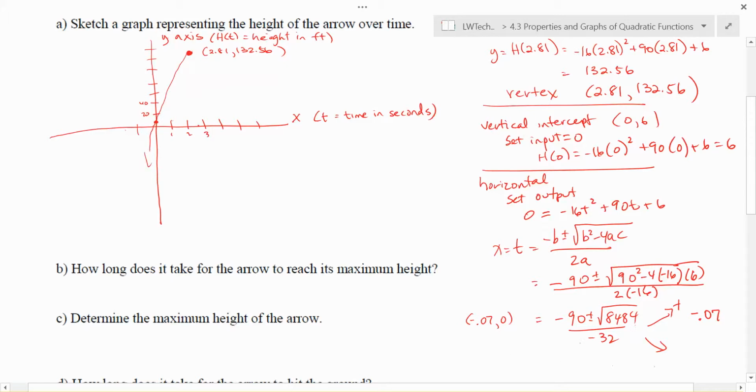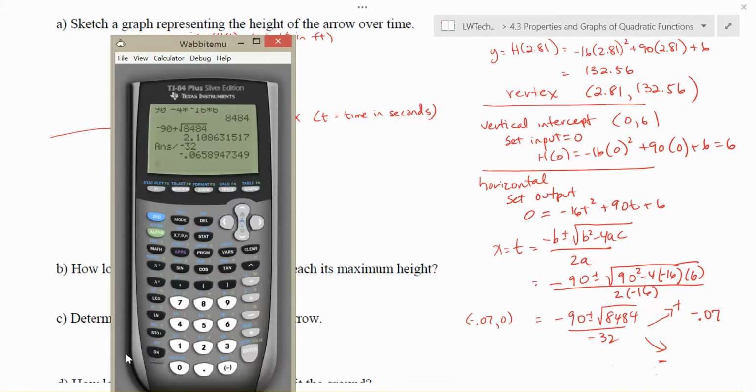To get the other solution, we're going to use the subtraction in our expression from the quadratic formula. So here we're going to have negative 90 minus the square root of, I'm sorry, 8,484. Try that again. And then we want to divide that answer by negative 32.